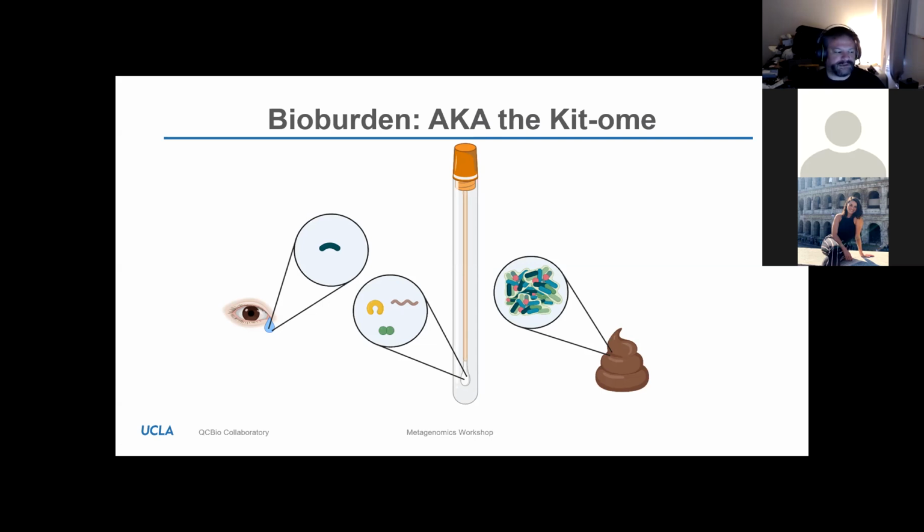Even certain places on the skin have known microbes that are expected to be there, but they have fairly low microbial load. So keep in mind, try and have a good handle on what microbes might be present in your sample handling pipeline.